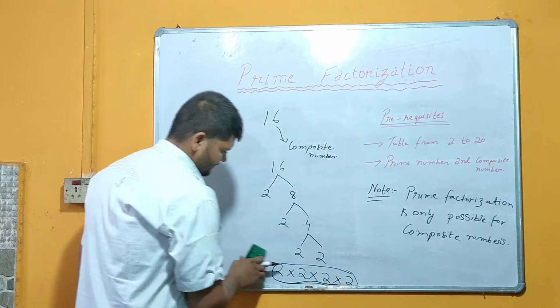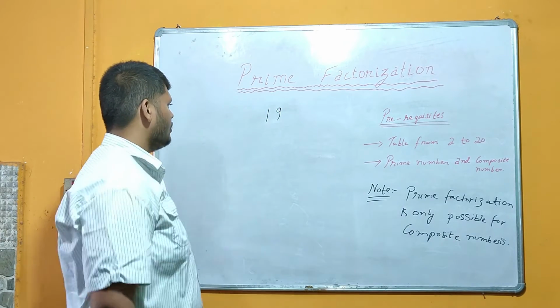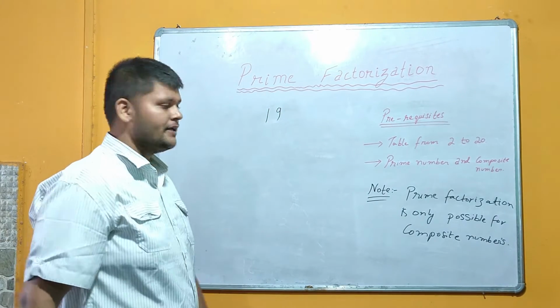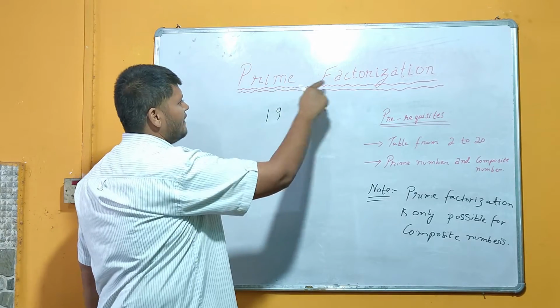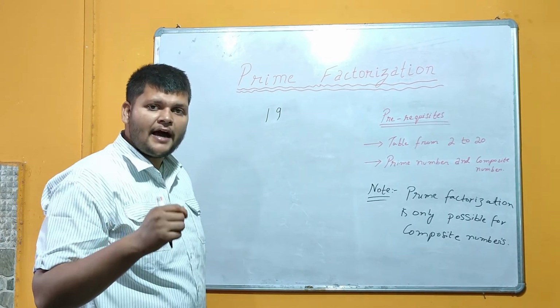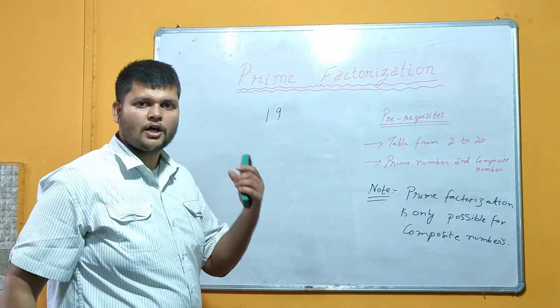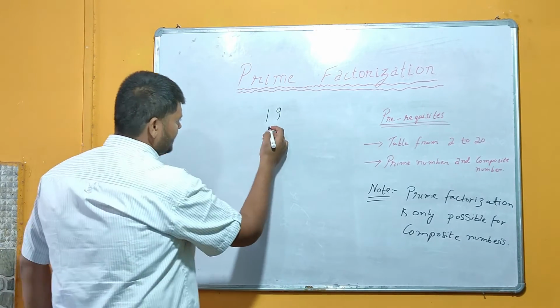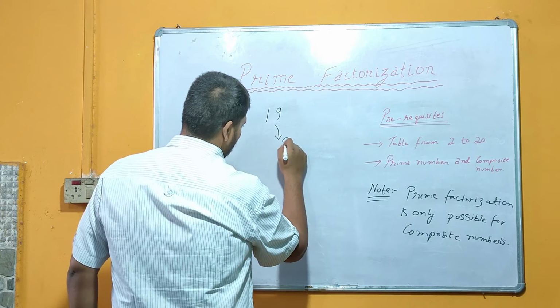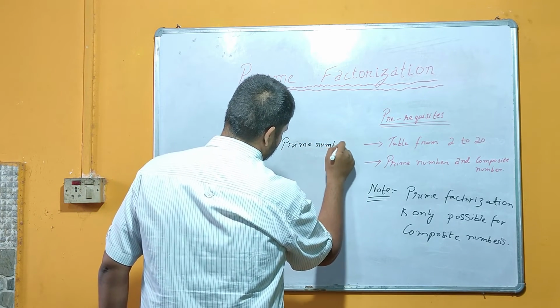Okay, now we will take a different example. I am erasing this. Suppose I am taking the number 19. Okay, this is the number 19 and for this I would like to find the prime factorization. So what shall I do first? First of all, I need to analyze whether this number is a prime number or a composite number. So this 19 is a prime number.